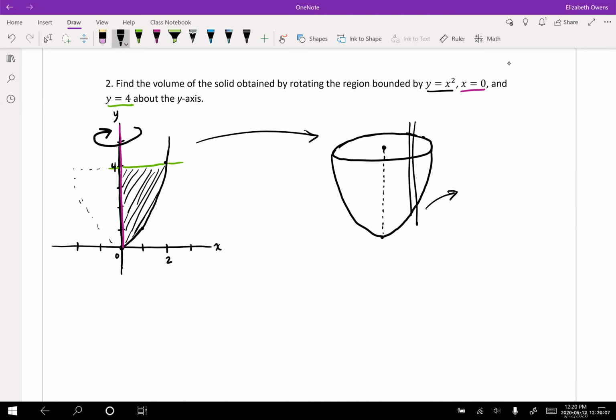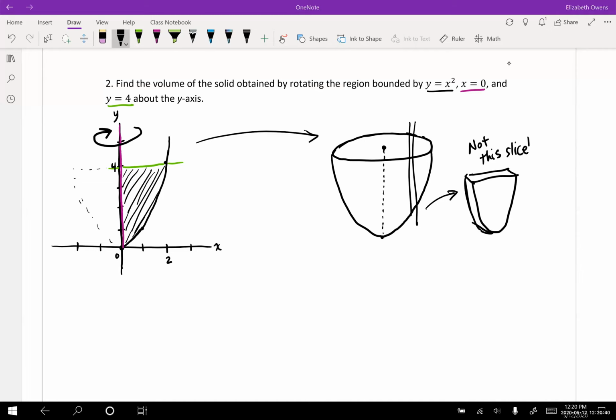You'd be taking like this awkward kind of parabolic type thing. It would look something like this, and then it would have kind of a third dimension like that. That would be a really weird slice to try and find the cross-sectional area of, to try and find the volume of that. So that is not what we're going to go with. So not slice.